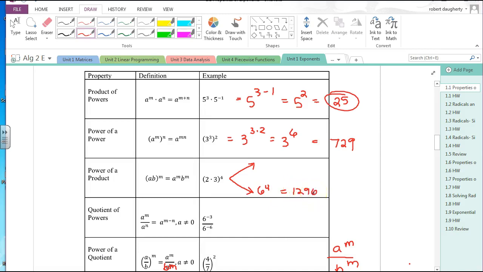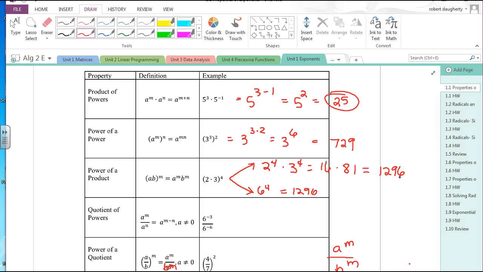Another way of thinking about this is 2 to the 4th times what? Times 3 to the 4th, which is 16 times 81, which is 1296.